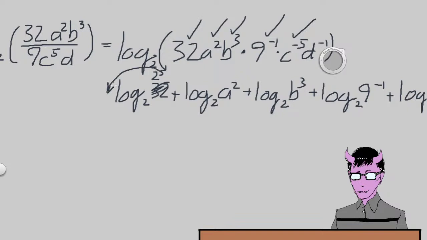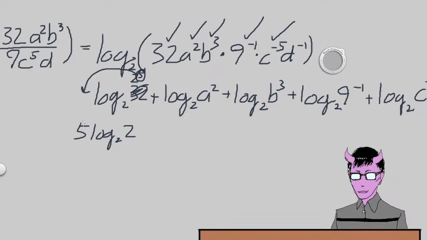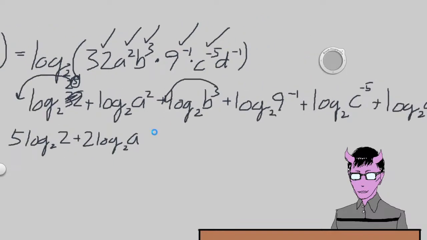Using the exponential rule, we take the 5 and slam it down in the front, thereby getting 5 times log base 2 of 2. Again, this 5 as a coefficient came down from there as an exponent, following one of the rules of logarithms. This one, we're going to do the same thing, exponential slammage. So 2 times log base 2 of a. Exponential slammage.